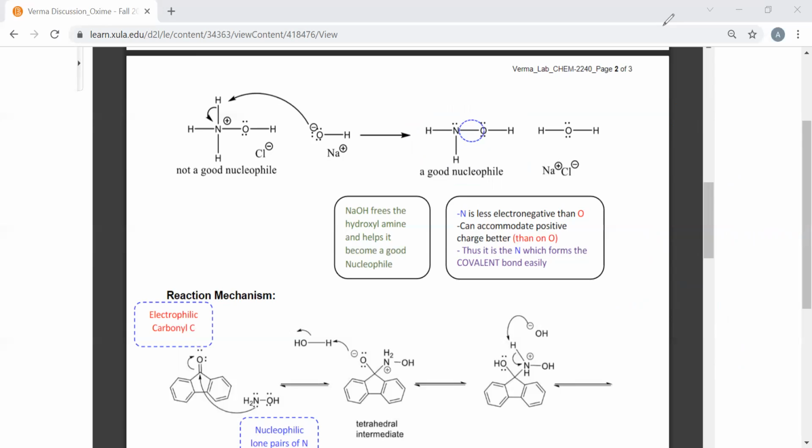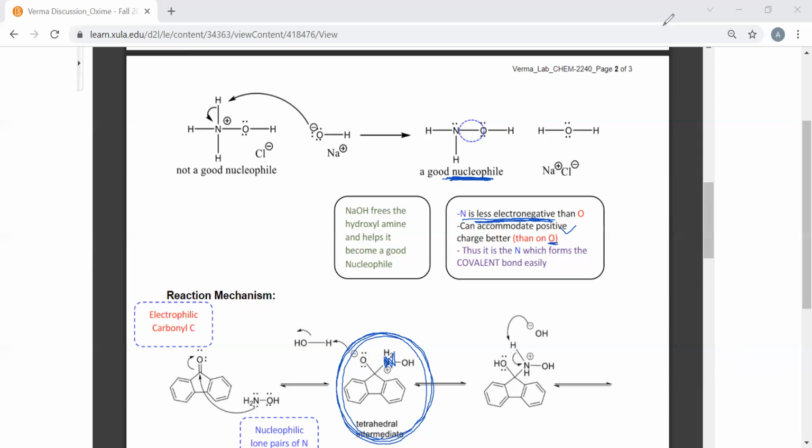The reason is nitrogen is less electronegative than oxygen, and hence when this nucleophile attacks, a tetrahedral intermediate is generated. If you look at this intermediate, the incoming nitrogen has a positive charge on it. Because nitrogen is less electronegative, it will accommodate the positive charge better than the oxygen.